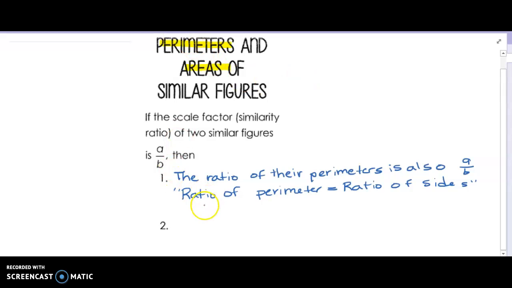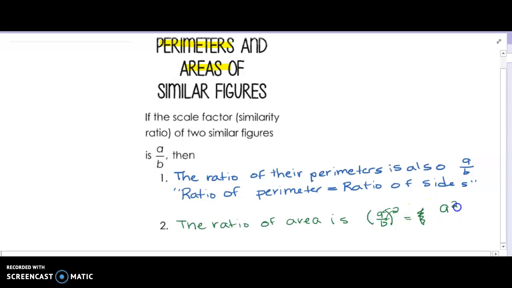Now that's not true for the area, because the ratio of the area is A over B, and you have to square it. If you do this, because A over B is in parentheses, this square goes to both the A and the B, so you can actually write this as A squared over B squared.